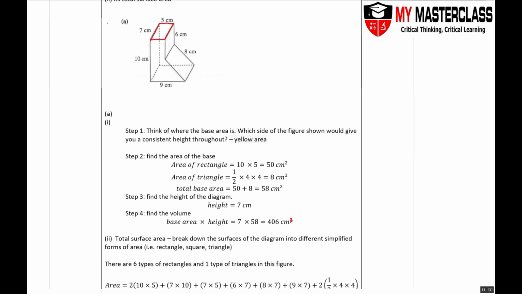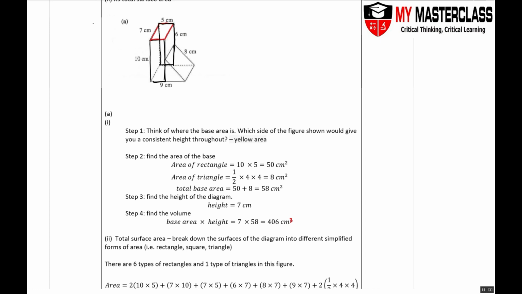Second one, which I have two of. I'll do it in a different color. This rectangle here. And I have two of it because on the other side, I also have one more of it. So 2 times of it.